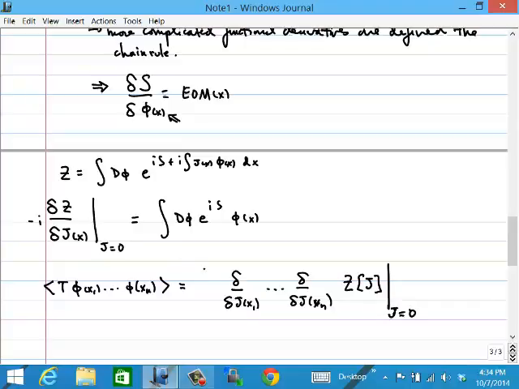And the normalization constant, where we divide by the norm of the vacuum state to keep everything normalized, just says we put an overall 1 over Z out front. Okay. So is this clear, more or less? Any questions?